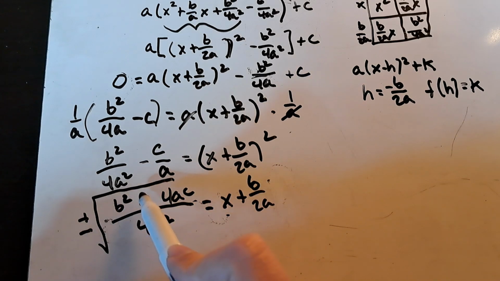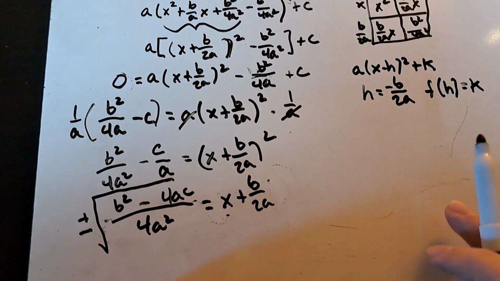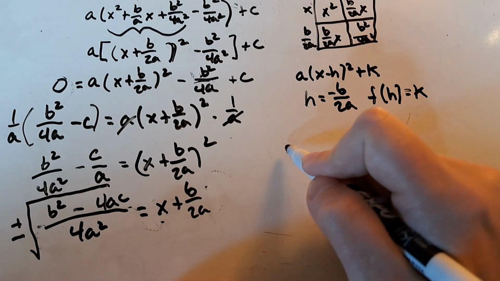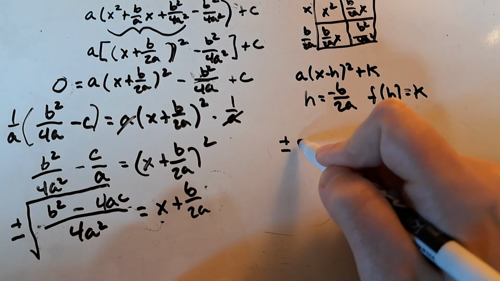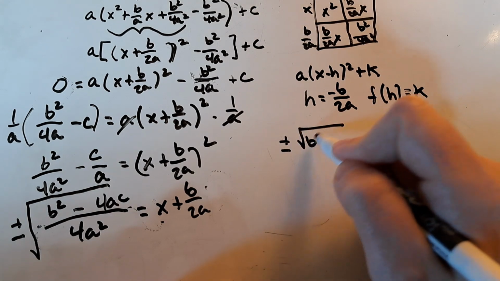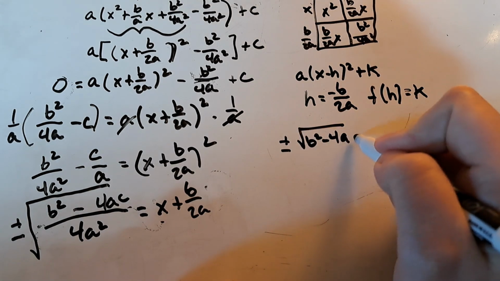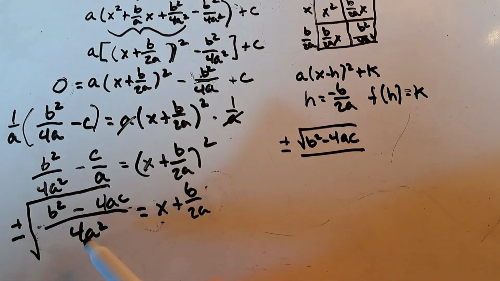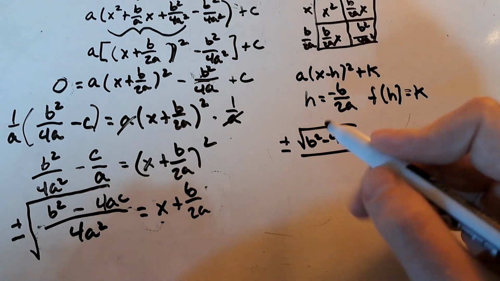So this top part is going to stay the same: plus or minus the square root of b squared minus 4ac. But the square root over a product would be the square root of 4 times the square root of a squared. Well, the square root of 4 is 2. The square root of something squared is just itself, so that's a. So it's just 2a.